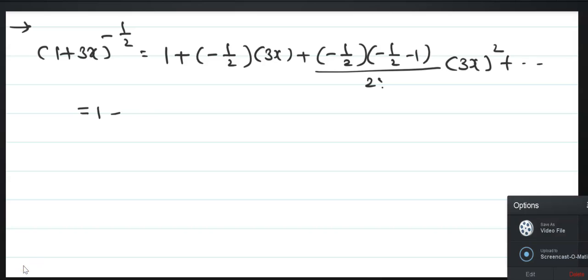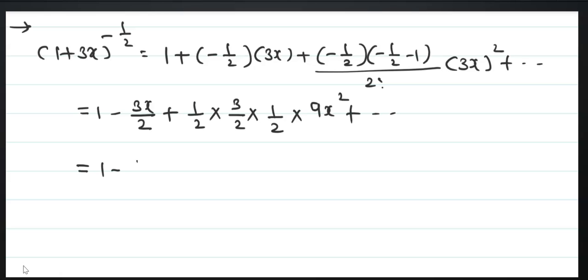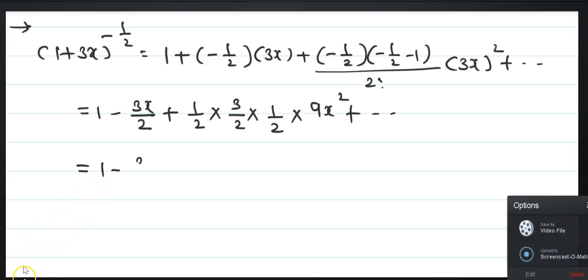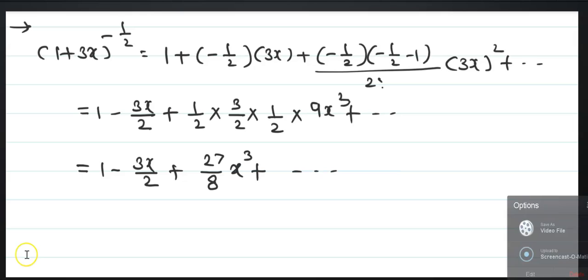And in this way you will get 1 minus 3x upon 2, plus 1 upon 2 into 3 by 2 into 1 upon 2, 9x square. And that's why 1 minus 3x upon 2 plus 27 upon 8 x cube, and in this way this is the answer. Now you can see this simplification.